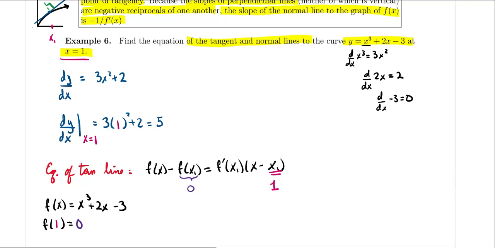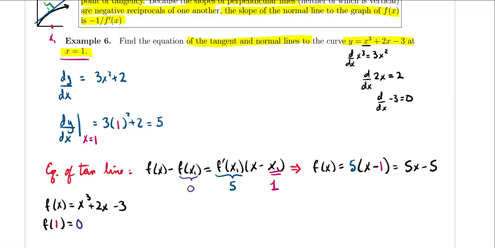Okay, now what about the derivative? Well, we already said that the derivative at x equals 1 was equal to a 5. All right, so we pretty much have everything ready here. So we have our equation, f of x is going to be equal to 5 times x minus 1, which is just going to give us then a 5x minus 5.